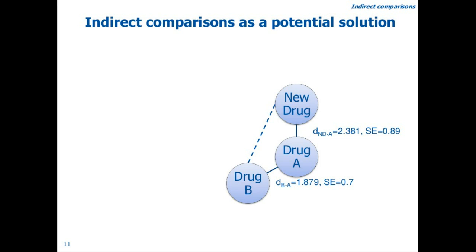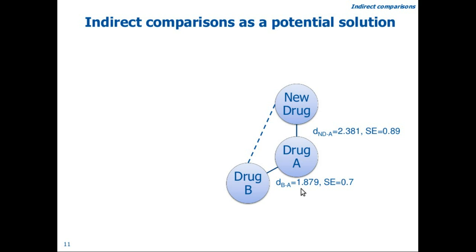You might also assume that drug B is better than drug A, although we haven't actually demonstrated any clinical or statistical significance. Now, if you're feeling particularly bold, you may even claim that your new drug is better than drug B, because this is larger than this.